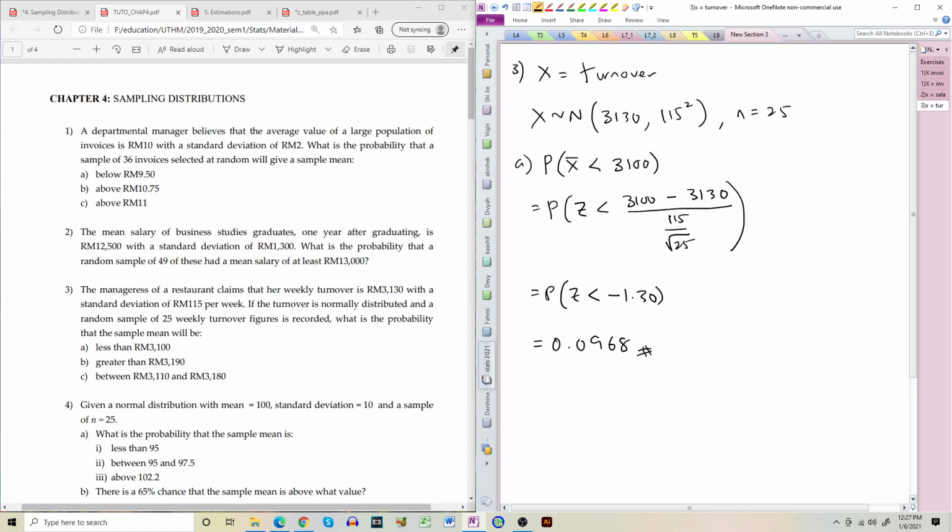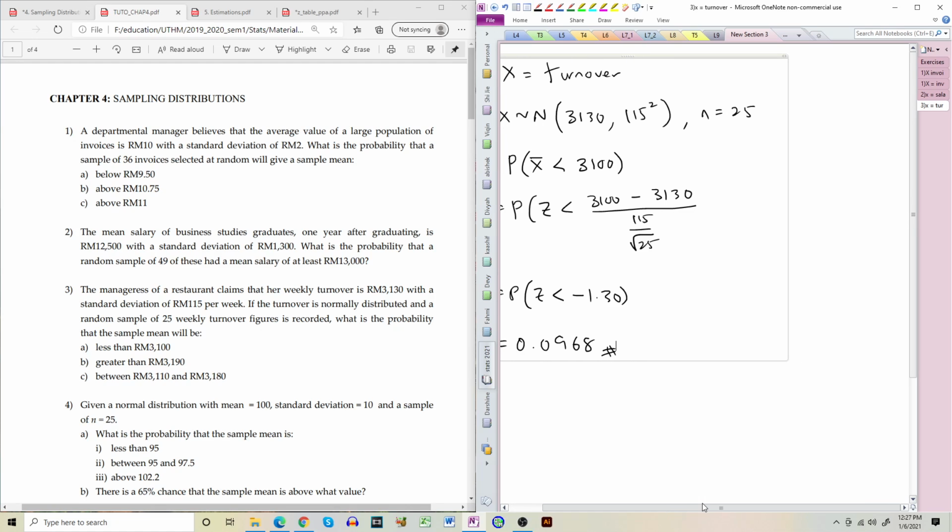That is 3A. 3B would like to do on the site.